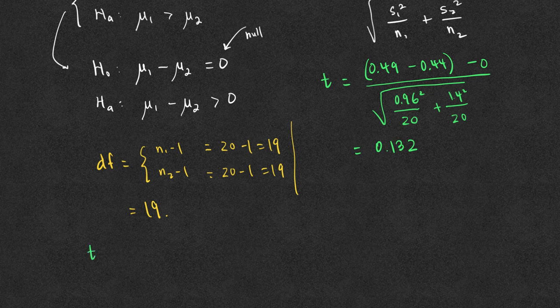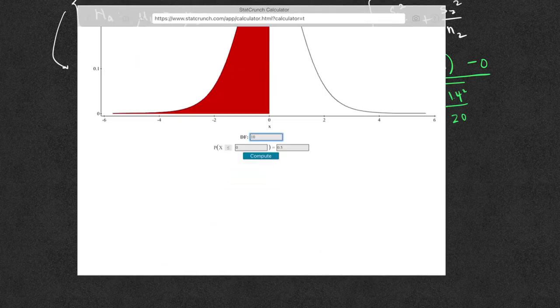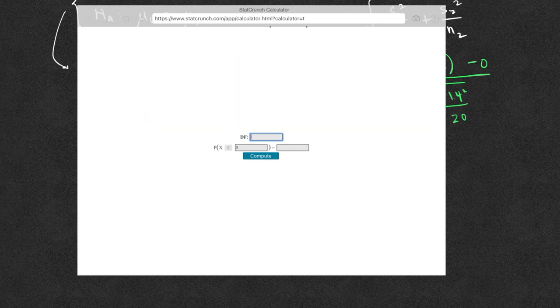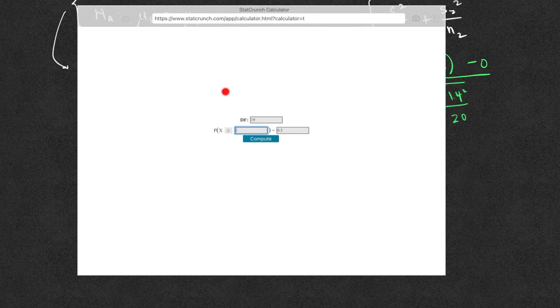With the test statistic t equals 0.132, with the degree of freedom equals 19, we find the p-value using either the t-table or a calculator. This is a one-sided test because the inequality in the alternative hypothesis is the right tail, greater than.